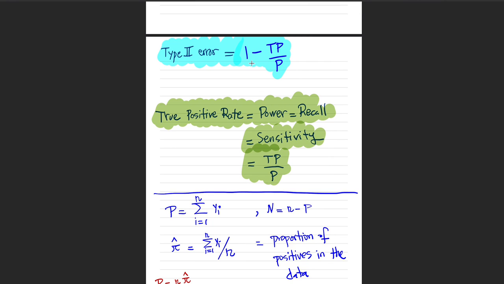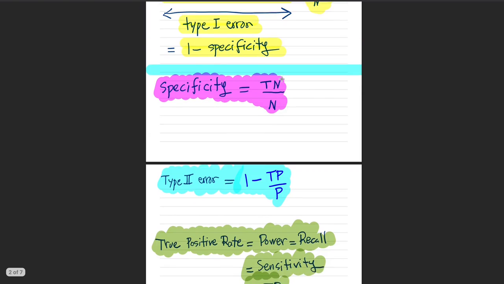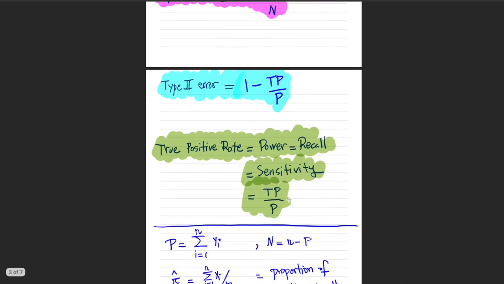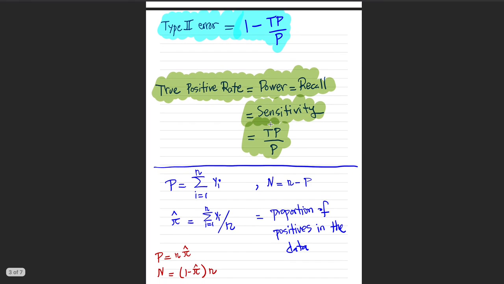The type 2 error is 1 minus the true positives divided by the positives. Which, you could argue it's the false positives divided by the positives as well. But this is another way of writing it.